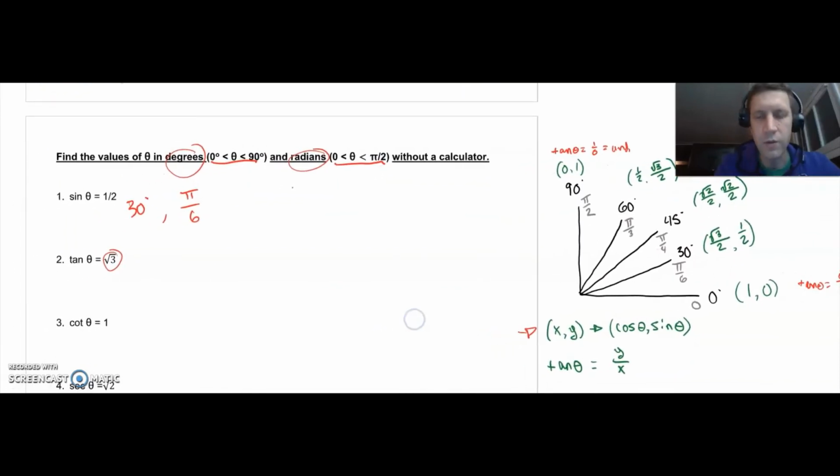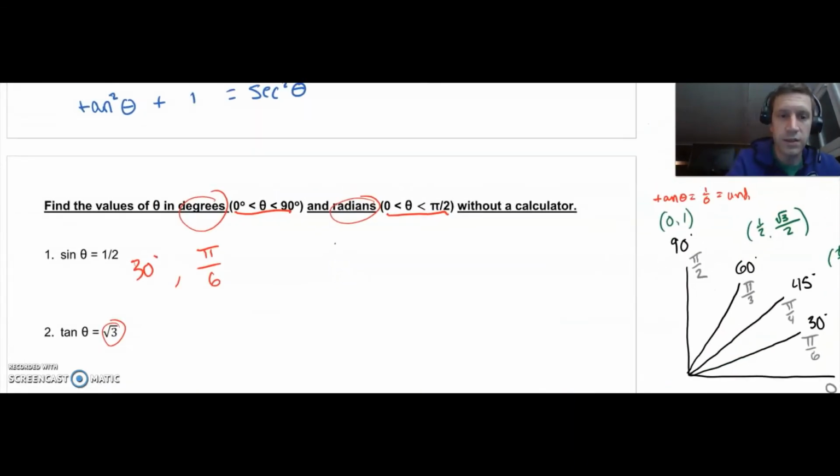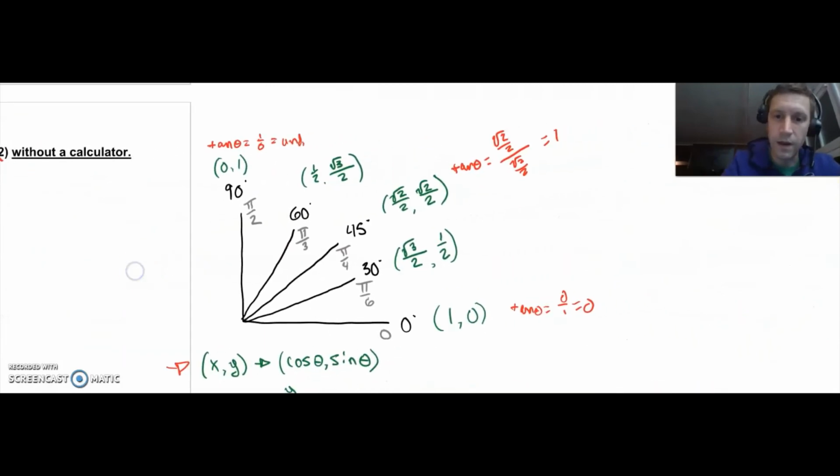So how can we use that to our advantage? Well, if I know it's one of those two, check one of them, and if it comes out to be root 3, then you got it. If it's something other than root 3, then it must be the other one, and you can verify that if you need to. So let's see, I'm going to check 30 degrees. Let's just check the tangent of 30 degrees over here. So tangent of 30 is going to be my y over my x.